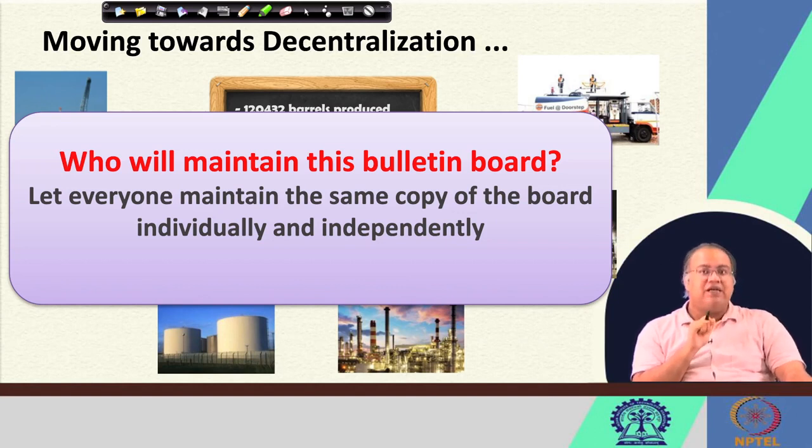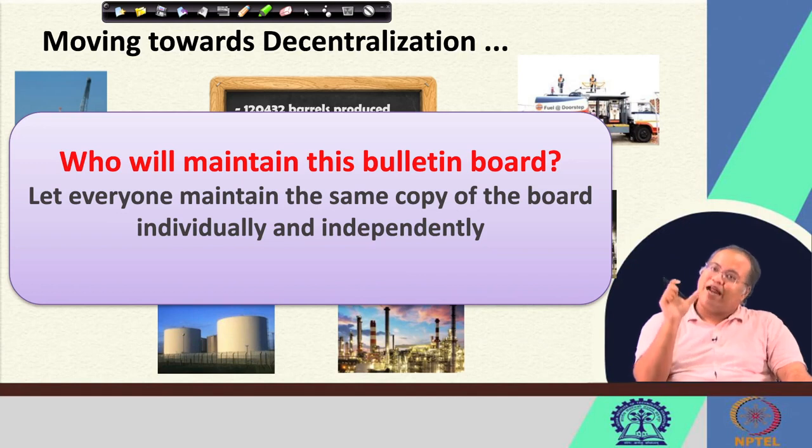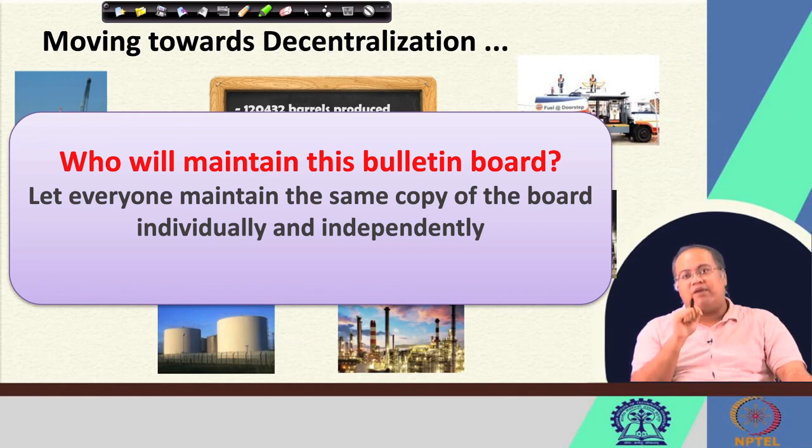Rather than having a single copy of the board maintained by someone, I am making a decentralized architecture of that board. Rather than a single entity maintaining the entire board, let every individual organization maintain that board. That way I can get a decentralized architecture.